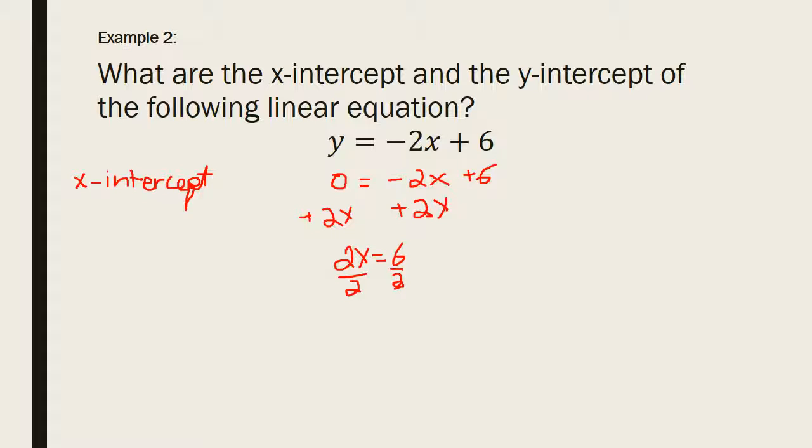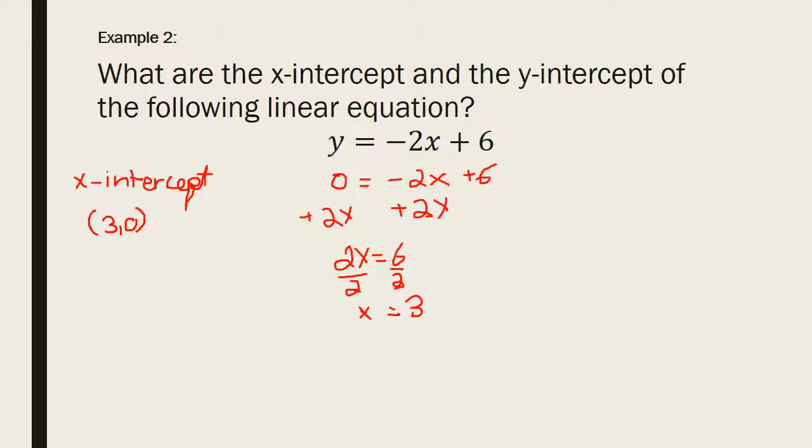I'm going to end up with x equals 3. So now the x-intercept for this linear equation is (3, 0). And if we graph this linear function, which we're going to learn in a few minutes, we will see that the line of this linear equation intersects the x-axis at (3, 0).